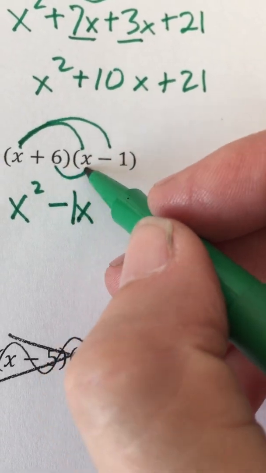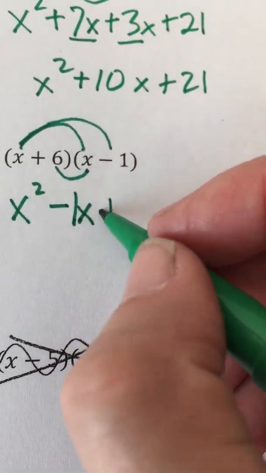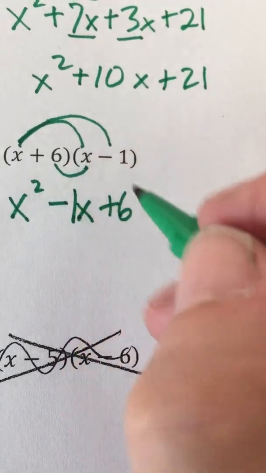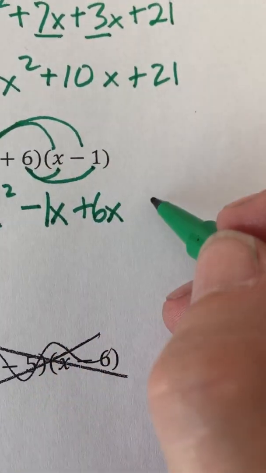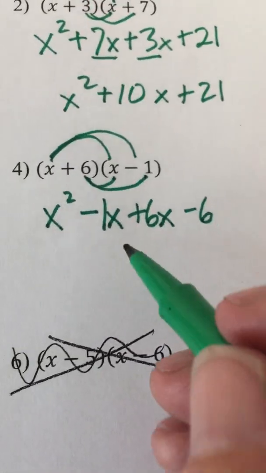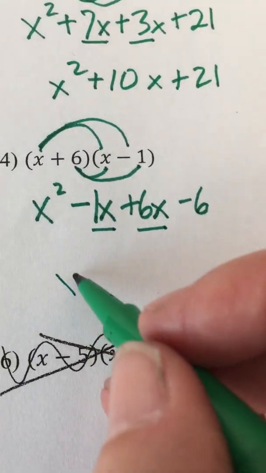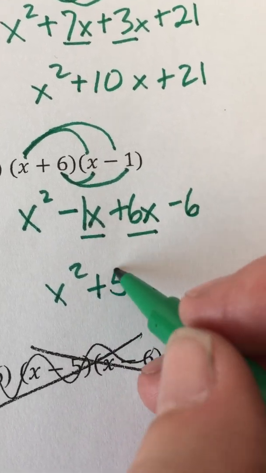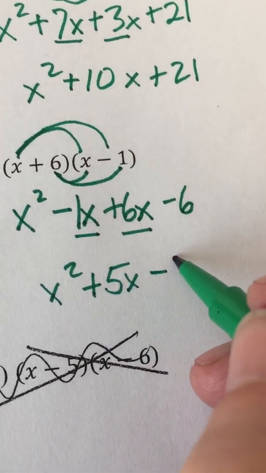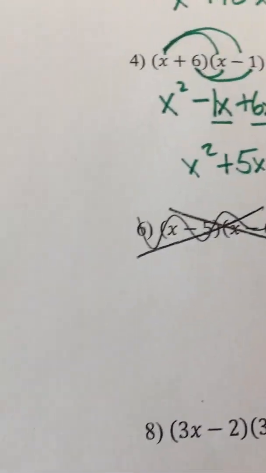And then you can do 6 times 1 because there's a 1 in front of it, and it will tell you positive 6. And since there's an x in the problem, I need to have an x in the answer. And then 6 times negative 1 is a negative 6. Combine like terms. X squared. Negative 1 plus 6 is 5x. And negative 6 stays that because there are no other like terms with it.